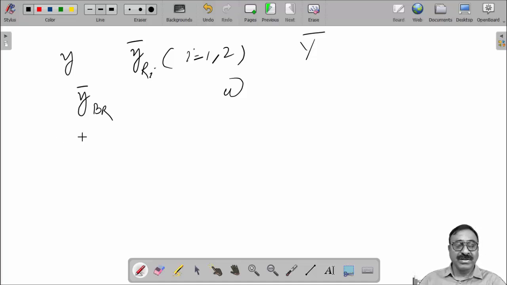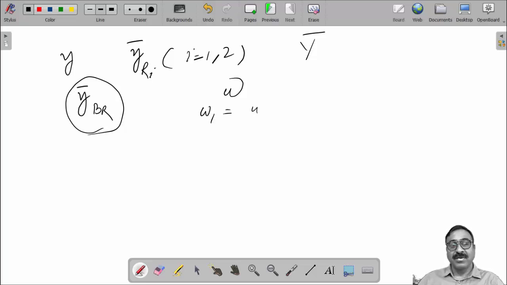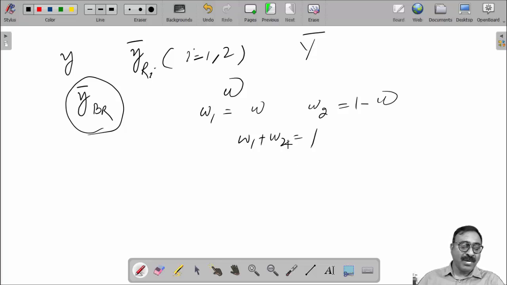Now we choose the weights w1 and w2, that is w, so that the variance of y_BR bar will be minimized. So that means we have, suppose w1 equal to w, w2 equal to 1 minus w, so that w1 plus w2 equal to 1.